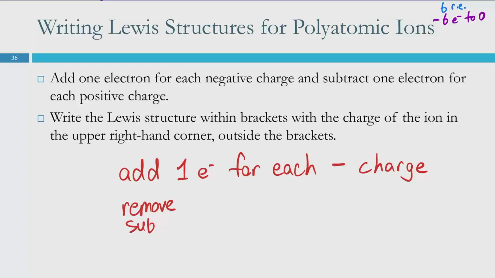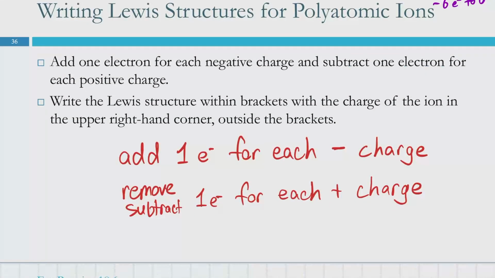We remove or subtract 1 electron for each positive charge. That's 1 electron for our total number of electrons.